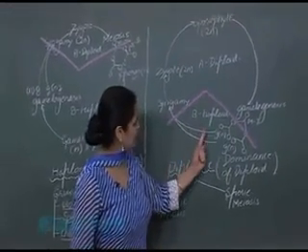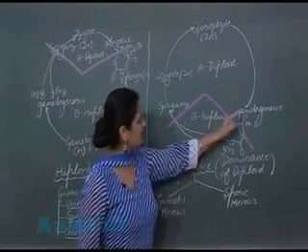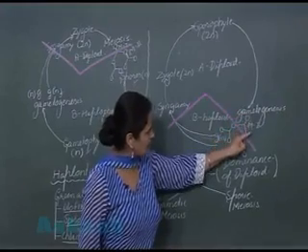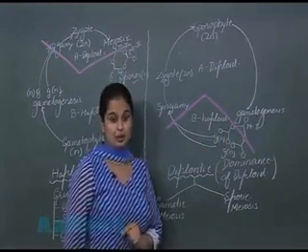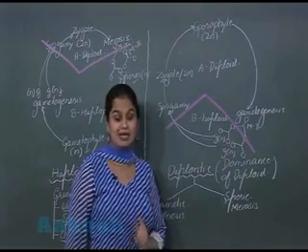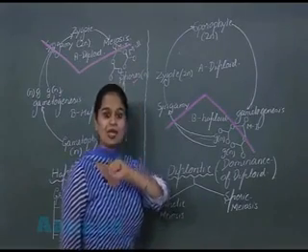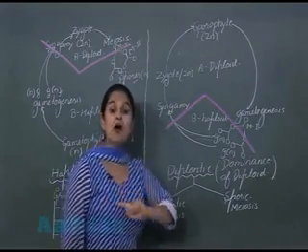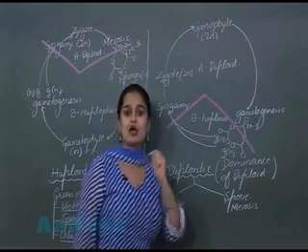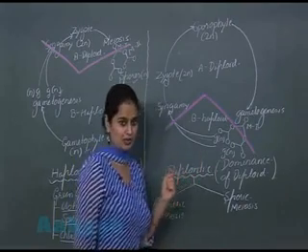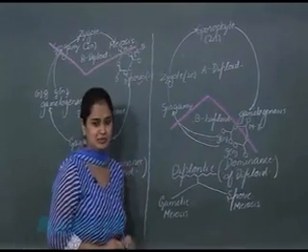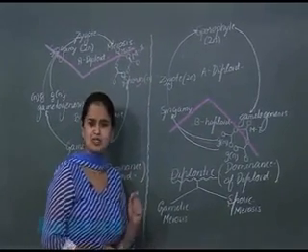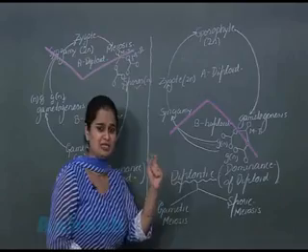In the life cycle I have drawn here, we are showing meiosis at the time of gamete formation. Now in the diplontic life cycle, there can be presence of gametic meiosis, or there can also be presence of sporic meiosis. Now gametic meiosis is a feature of animals. Yes, gametic meiosis is generally the feature of animals.